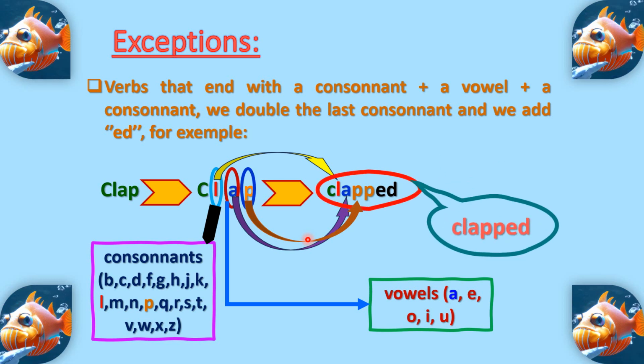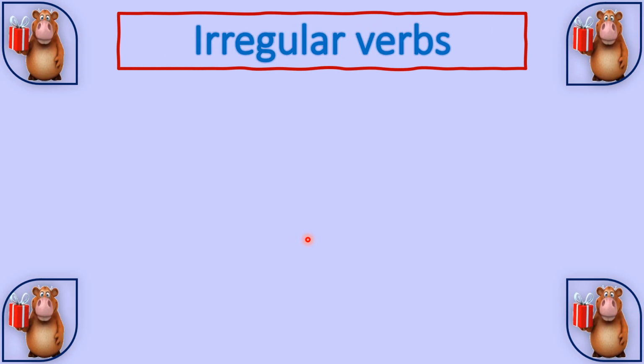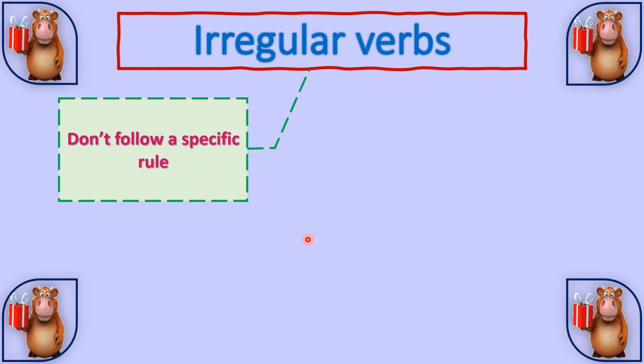Okay? So, the past participle, the simple past of the verb to clap is clapped. Very good. Let's move to the irregular verbs. What are the irregular verbs? These verbs do not follow a specific rule.